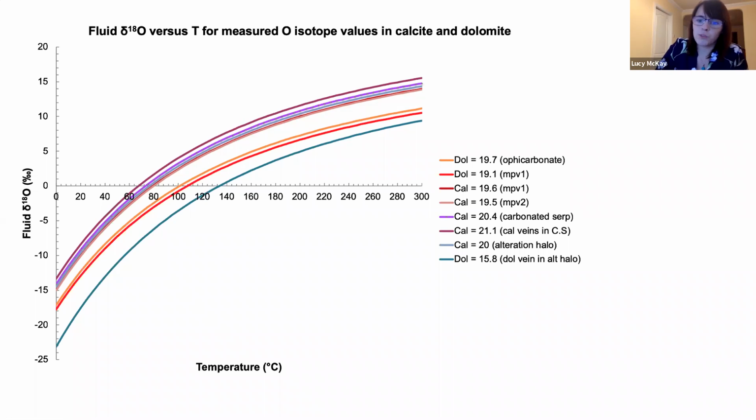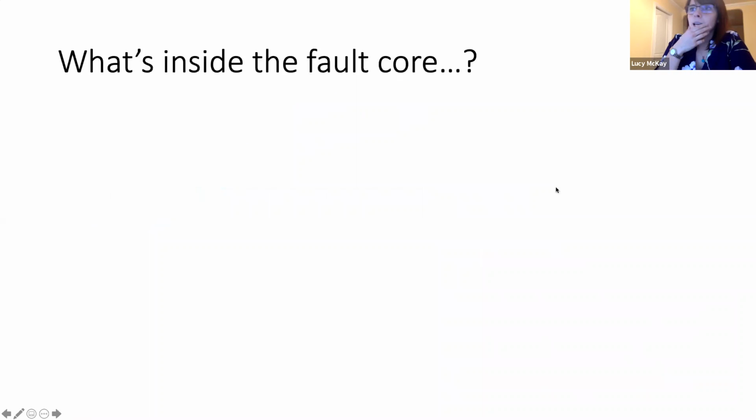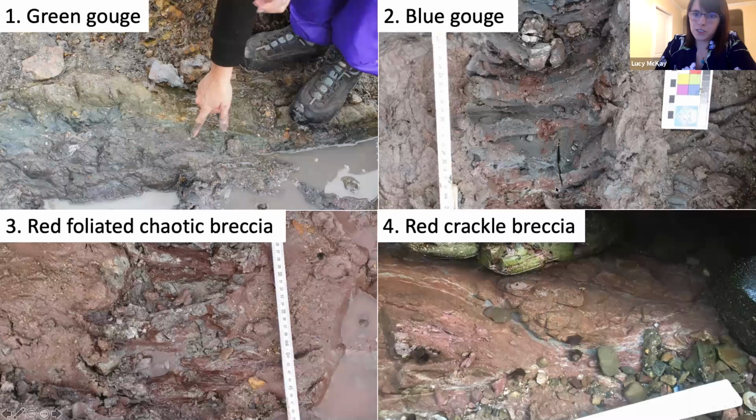Therefore, you could hypothesize that the ophicarbonate formed from marine waters at 100 degrees, while the carbonated serpentinite formed from magmatic waters at 220 degrees. So this is just to bear in mind for when we're trying to pull all the observations together into an evolution of the whole fault. But what is inside the fault core is next.